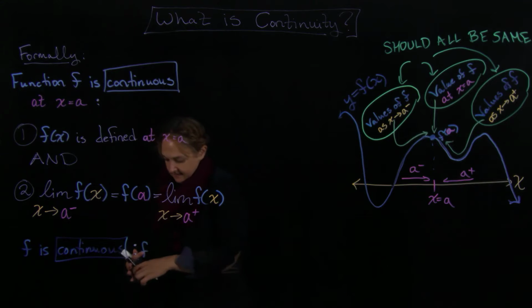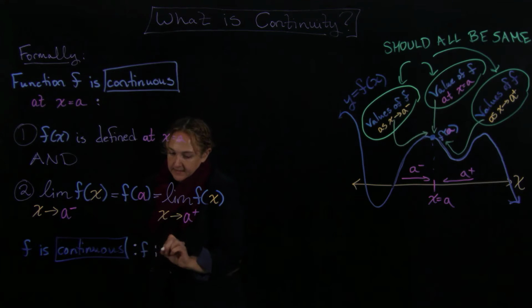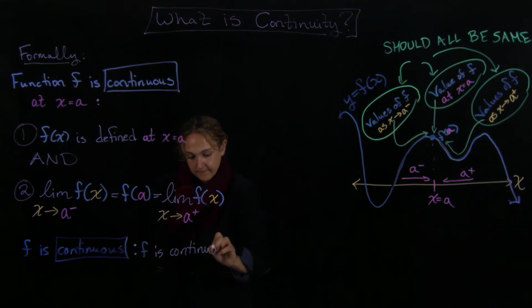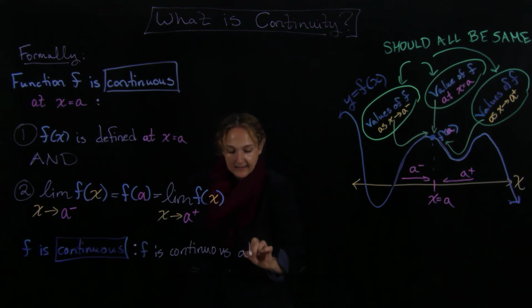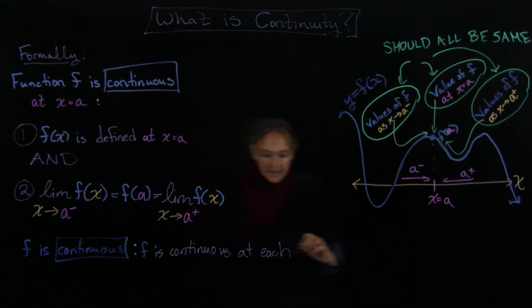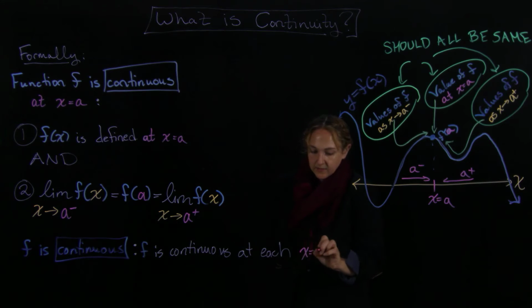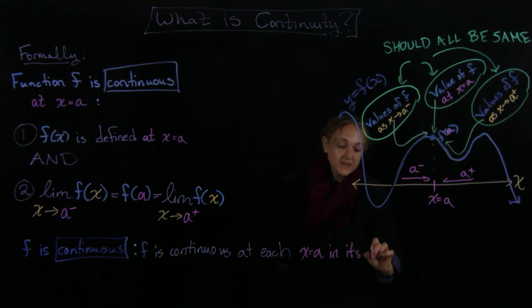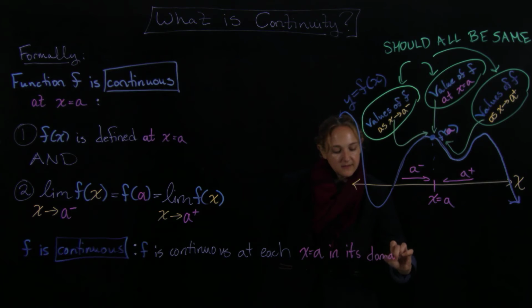So f is continuous at each x equals a in its domain, right? So then it's continuous on its domain. It's continuous where it's defined.